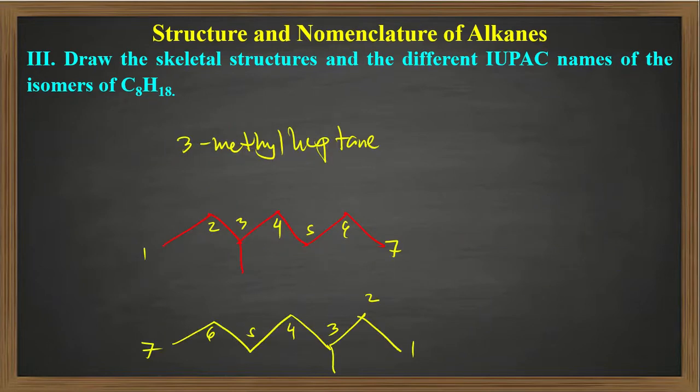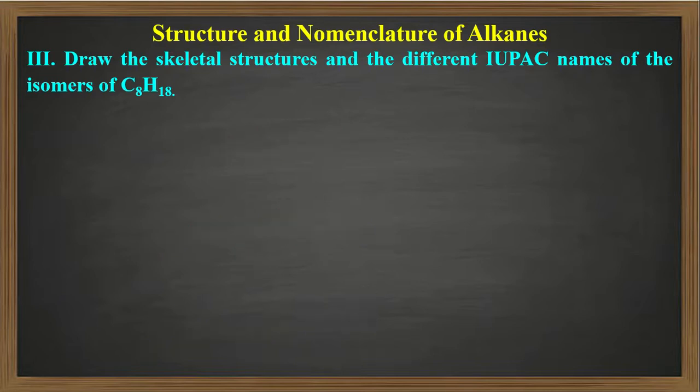And then we can move the methyl to carbon number 4. So we have here 2, 3, 4, 5, 6, 7. Either way, it is equidistant. This will be our methyl here. So, this will be 4-methyl heptane.